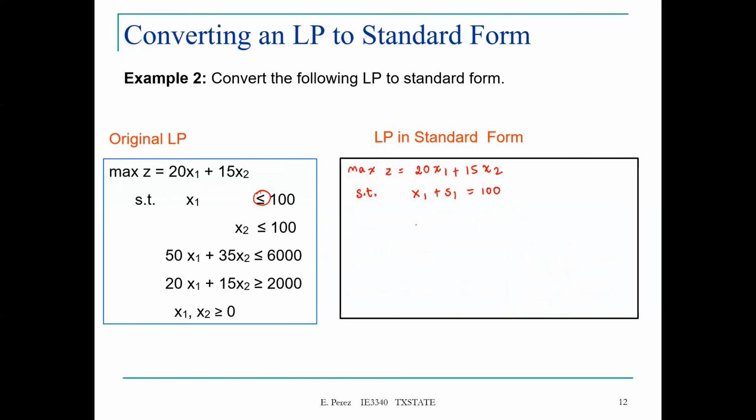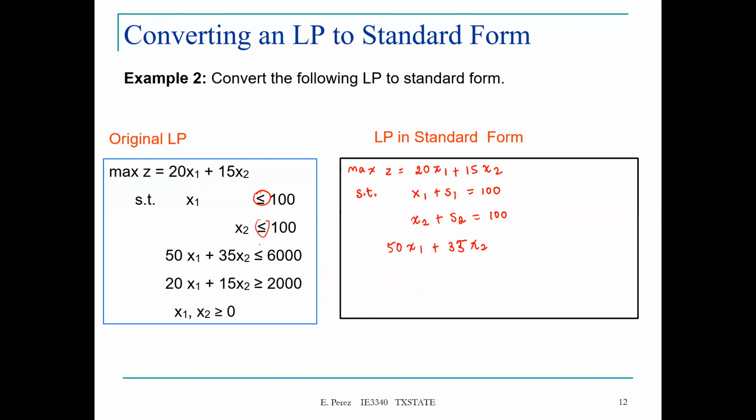Then we have x2 plus slack variable number 2 also equals 100. And then we have 50 x1 plus 35 x2.